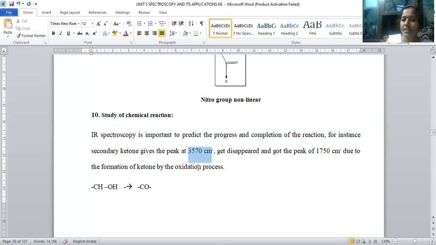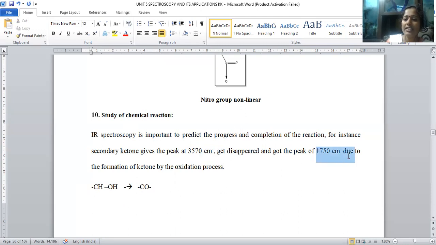If there is only the 3570 peak, that indicates there is no product formation, the reactant remains as such, meaning the reaction is not feasible. In that way, we can predict whether the reaction is feasible or not. Otherwise, the speed of the reaction we can analyze, and even the time required for the completion of the reaction. All inferences can be drawn from infrared spectroscopy based on the peak appearance.